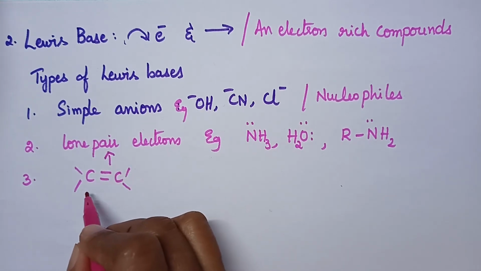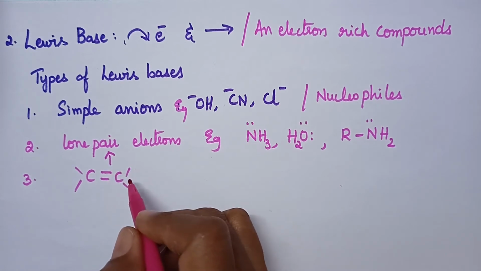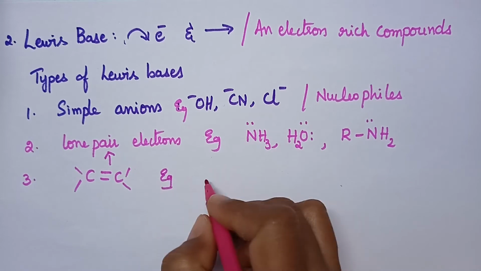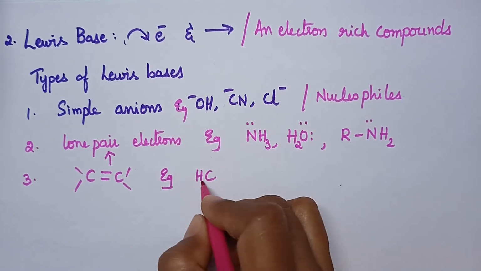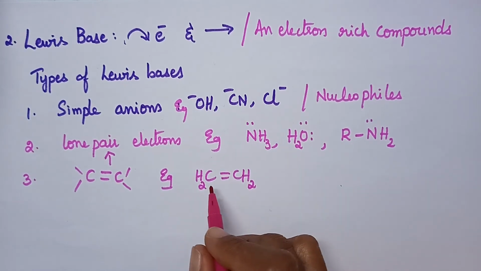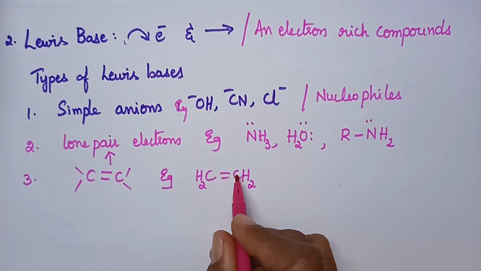So substances which are capable of donating electrons can be called Lewis bases. And the best example is ethylene, that means CH2 double bond CH2. So compounds which contain a double bond between the two carbon atoms can act as Lewis bases.